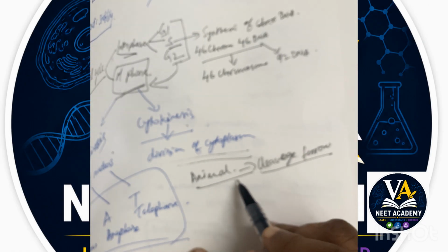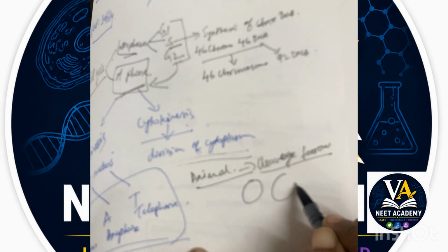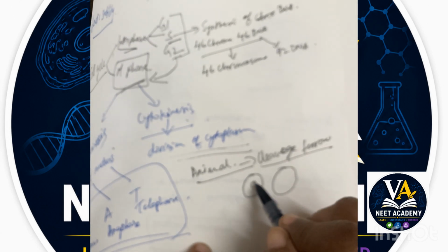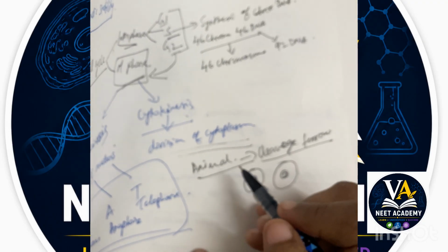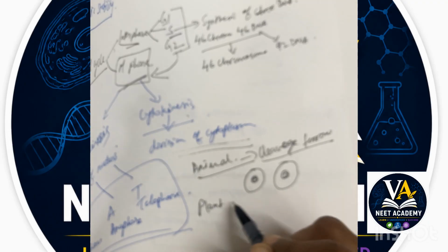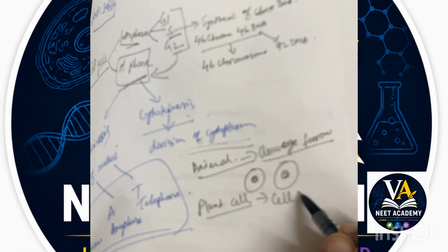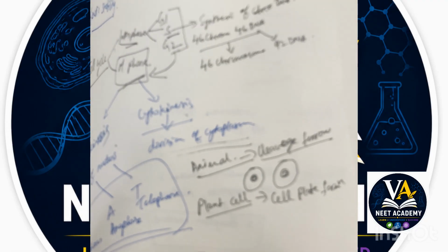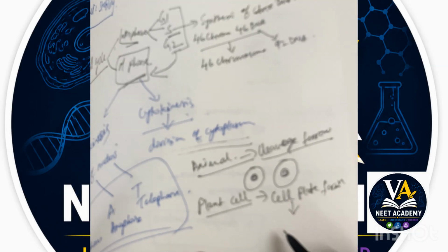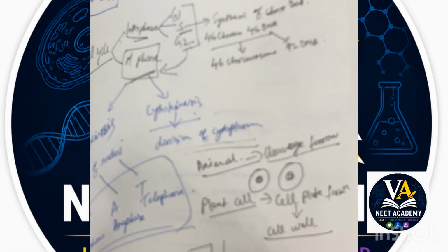So animal cell undergoes cleavage furrow, giving rise to two daughter cells with equal amount of chromosome and nucleus. Okay. And in plant cell, what happens? In plant cell, there is cell plate formation, which in turn gets converted into cell wall, and this is how the plant cell gets converted into two daughter cells.